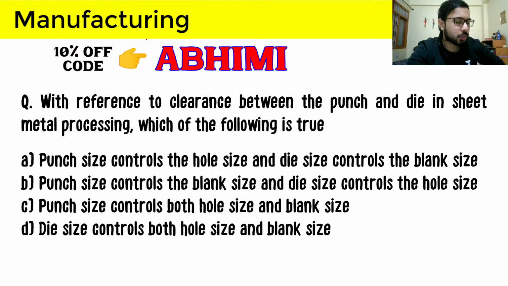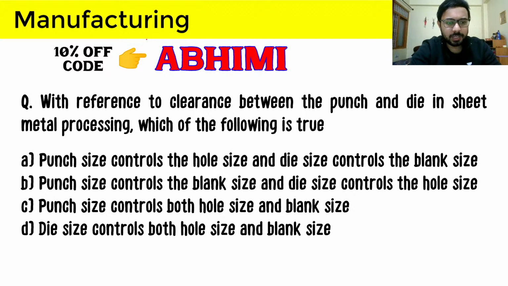Clearance is between the punch and die in sheet metal processing. Which of the following is true? I am now reading the options, and by the time I finish reading them, I expect you to give the answer. If you are watching the recorded session, you can follow too. Option A: punch size controls the hole size and die size controls the blank size.